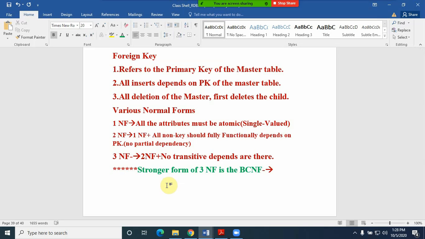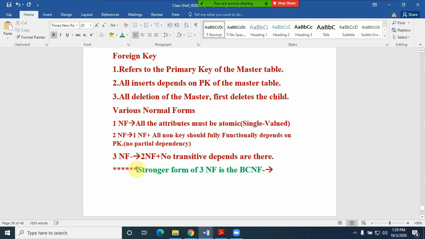One of the important aspects followed by companies is up to 3NF, the general standard, friends. If they want to maintain some other quality, if they want to be very stringent in the maintenance of the database tables, they can go with a stronger form, which is the Boyce-Codd normal form.